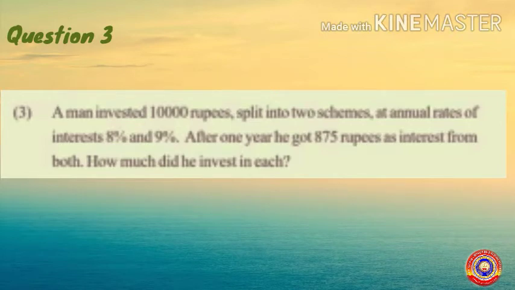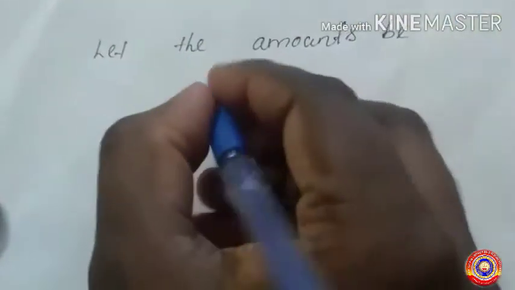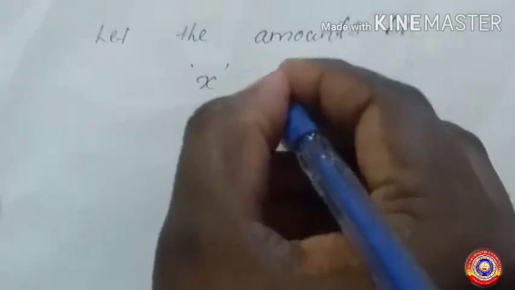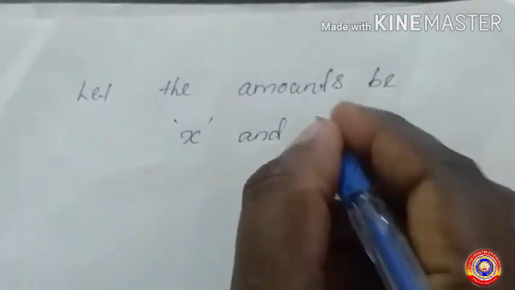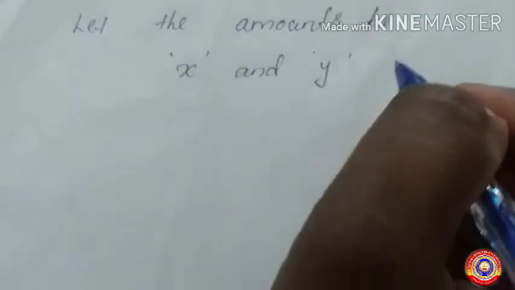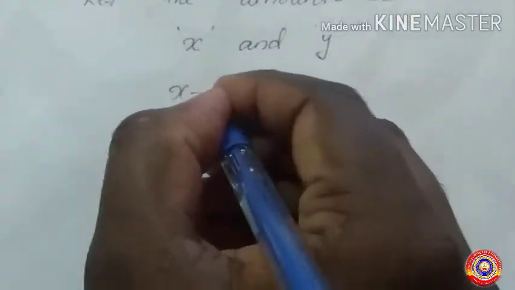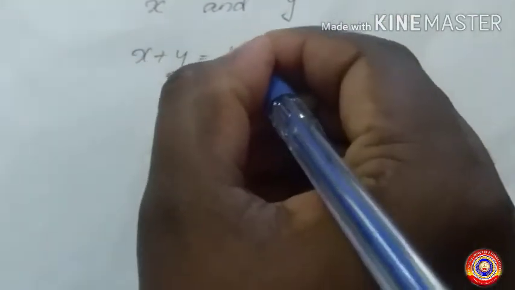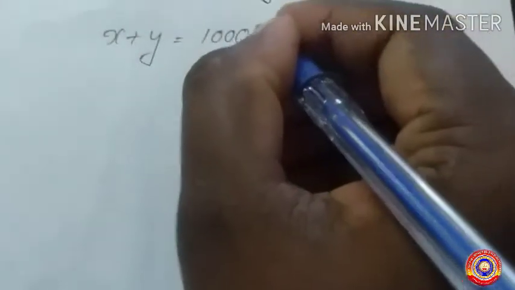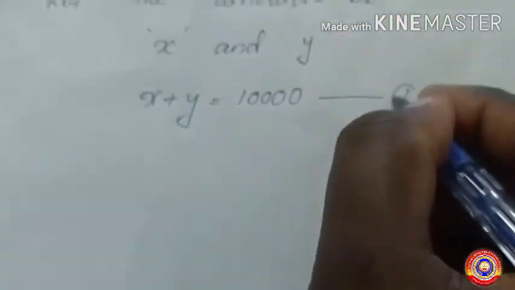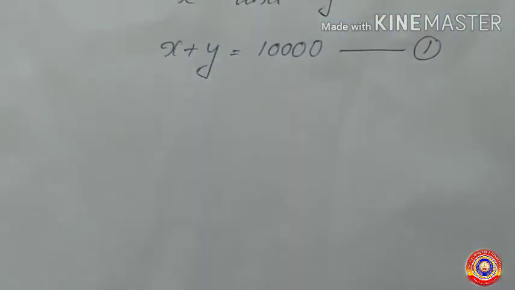After 1 year, he got interest as 875. We have to find the amount he invested in each scheme. Let the amounts invested in the 2 schemes be x and y. So, x plus y equal to 10,000. This is equation number 1.